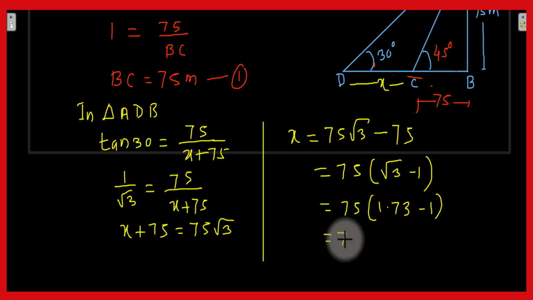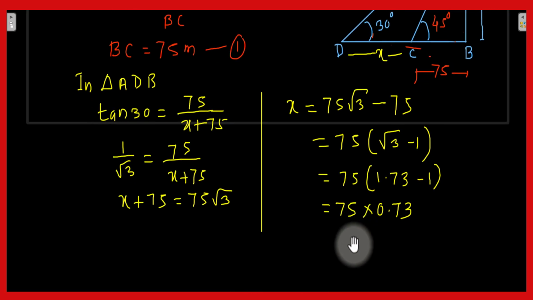So it is 75 multiplied by 0.73. Now find the product of 75 into 0.73, and that product is 54.75 meter, and therefore the distance between the two ships, that is C and D, is 54.75 meter.